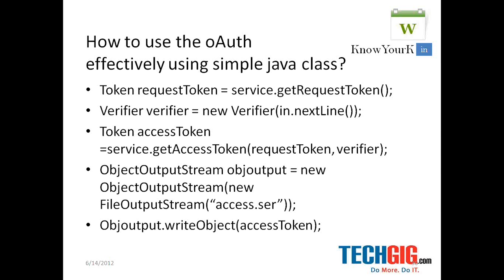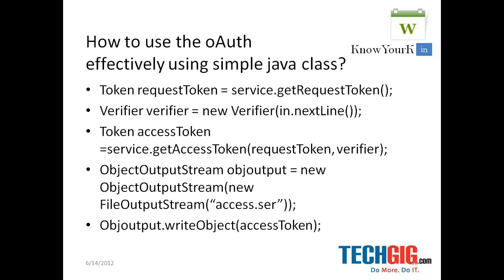So they will have some kind of a token which they have to verify with LinkedIn. So this process has been simplified, where in Know Your Kin you access only once. These resources need not be accessed over and over. You don't need to log in, or use the service object again and again.